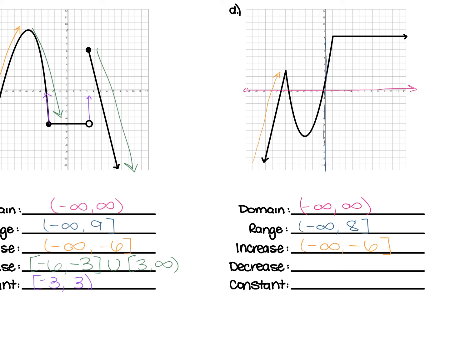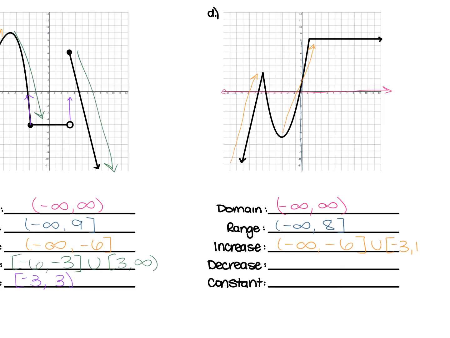You are also increasing from -3 to +1. Your decrease, again, from left to right, where is this going down? You're going from -6 to -3. And lastly, your constant is, again, that horizontal part, which we are going from 1 to +infinity. And then this -6 and this -3 should have brackets on it.